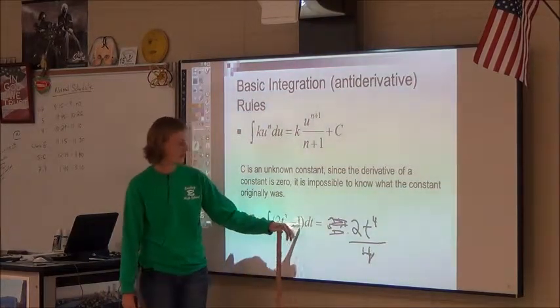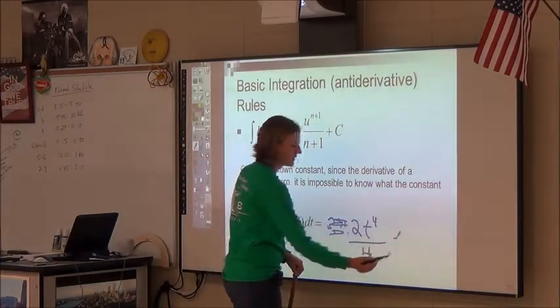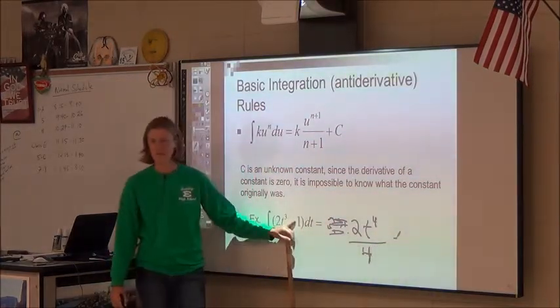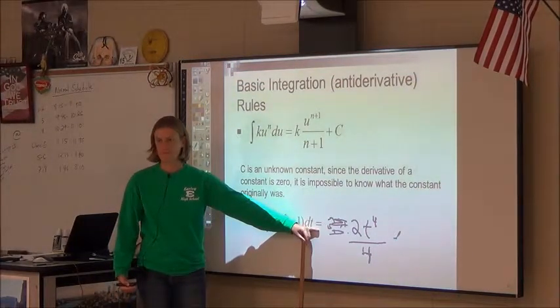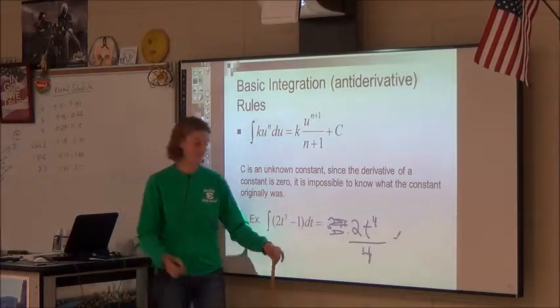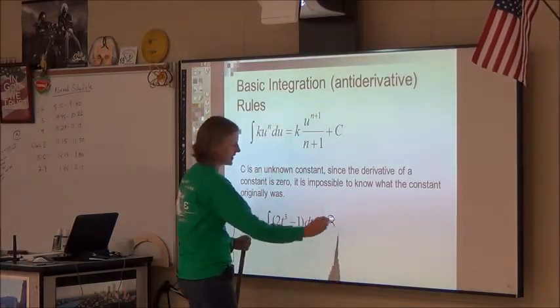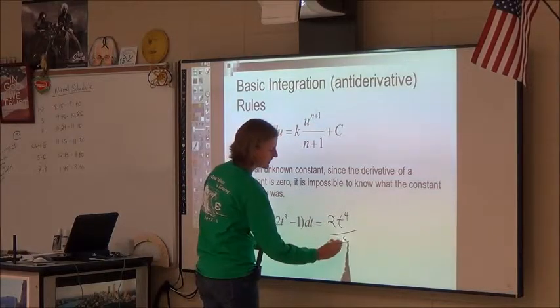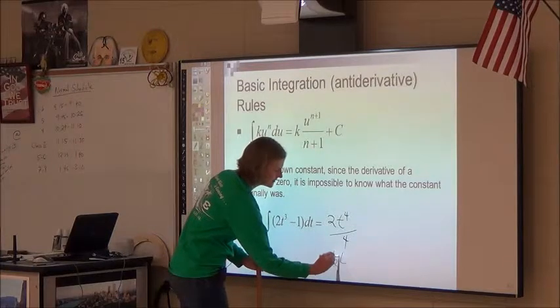And then if I have just a constant itself, what do you think that would be? What's the integration of 1 with respect to time? T. A slightly neater version, you'd have 2t to the 4th over 4. We can reduce that, of course, to being half t to the 4th.